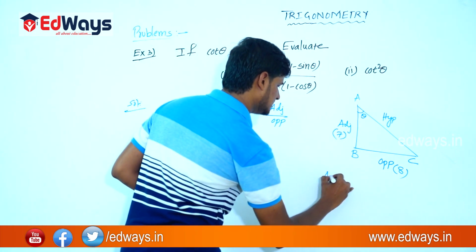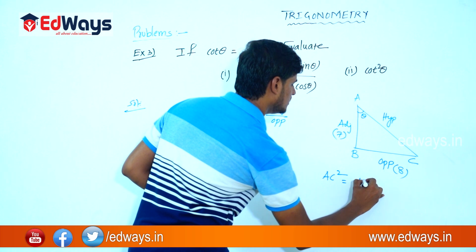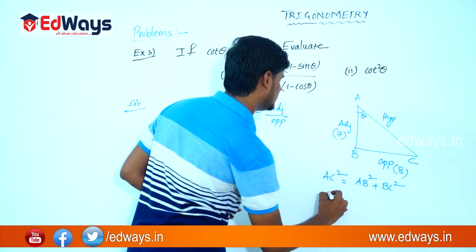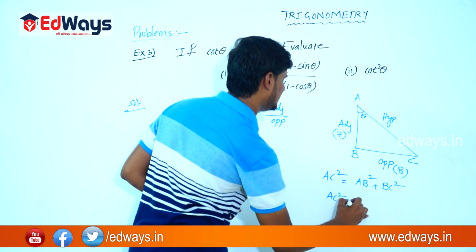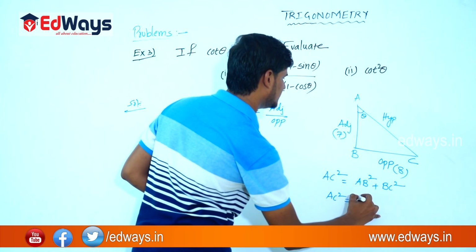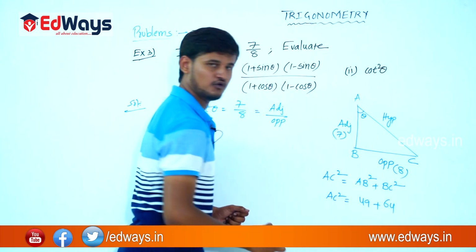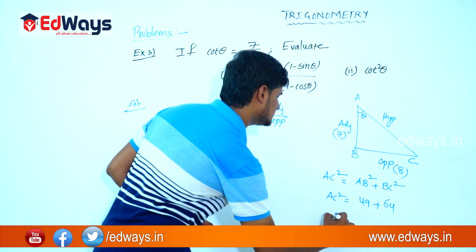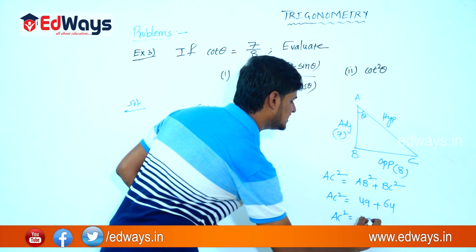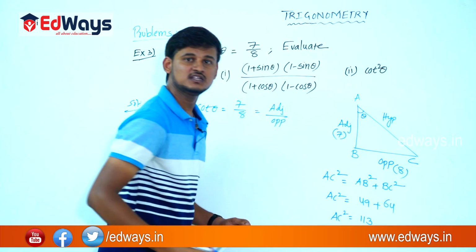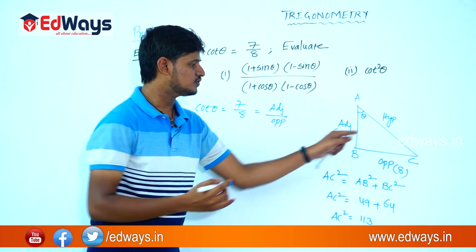So AC square is equal to AB square plus BC square. Here we have to find AC. AC square is 7 square, that is 49, plus BC square, 64. So AC square is equal to 113. Then AC will be equal to the square root of 113.